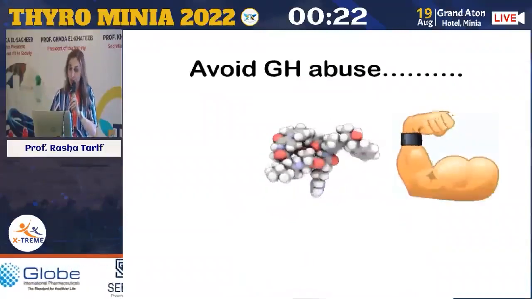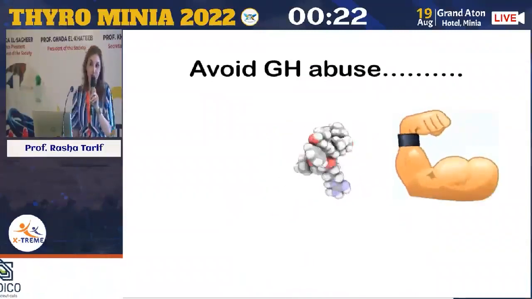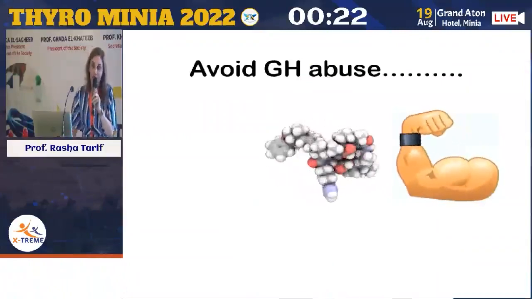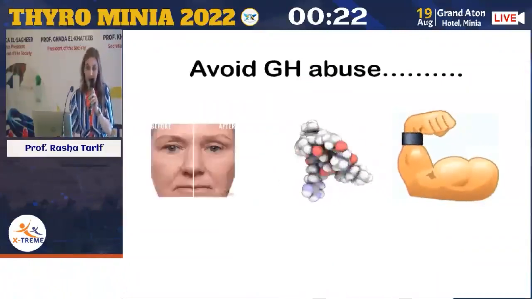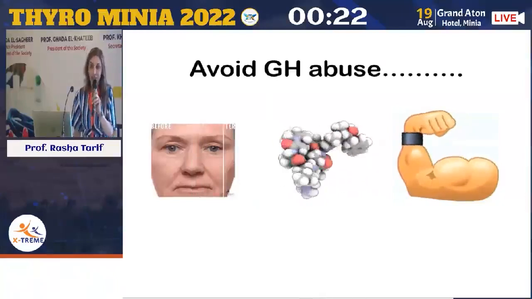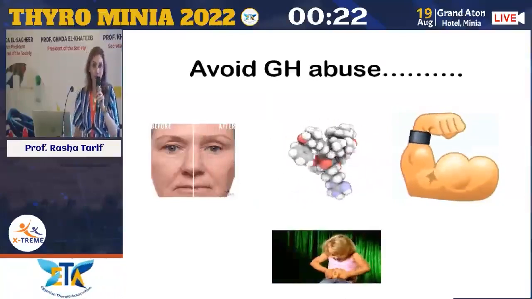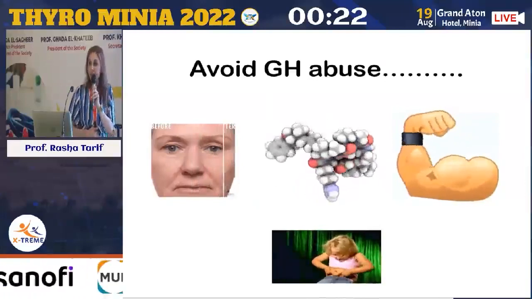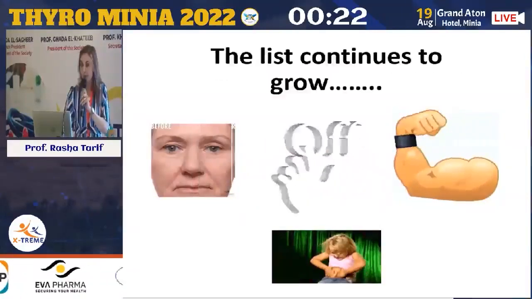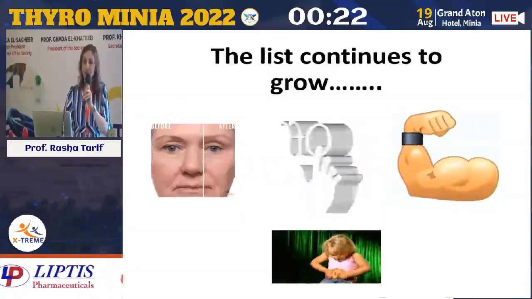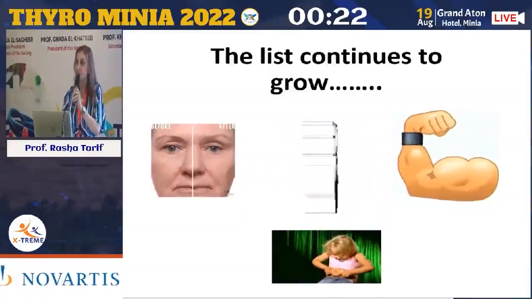A lot of men are taking growth hormone in gyms in order to build more muscle, and a lot of ladies take growth hormone as an anti-aging. And some people take growth hormone to decrease the belly and the abdominal fat. So this is abuse of growth hormone, and these are off-label indications that should not be applied.